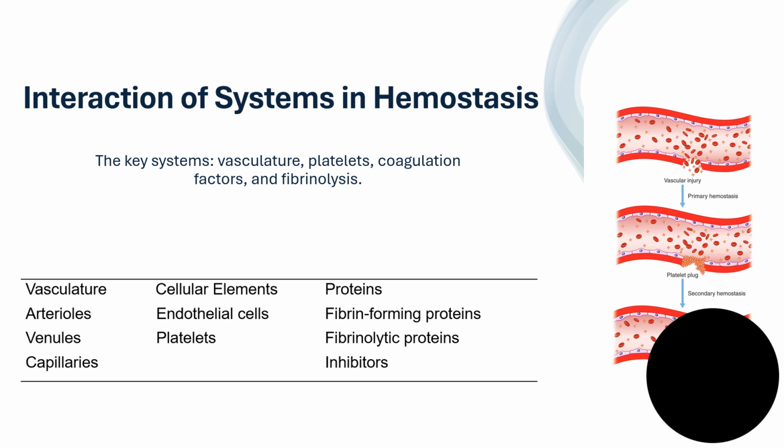Then we have the coagulation system, which involves clotting factors and fibrin-forming proteins to convert fibrinogen into fibrin that stabilizes that plug. We also have a fibrinolytic system where once healing occurs, plasminogen is activated to break down that clot and restore normal blood flow. And then we have the immune system, which influences clotting through inflammation.